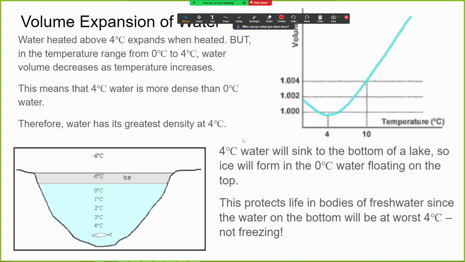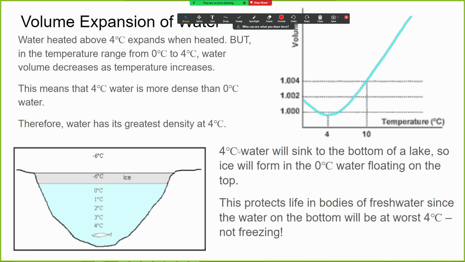So again, they don't really test on this, but I think this is really interesting because this is what's going to protect any kind of life in bodies of fresh water, since the water on the bottom, at the very worst, is going to be 4 degrees Celsius, which we know is not quite freezing. 0 degrees Celsius is freezing. So that's I think pretty fascinating.